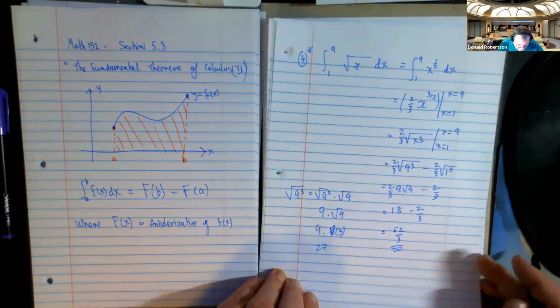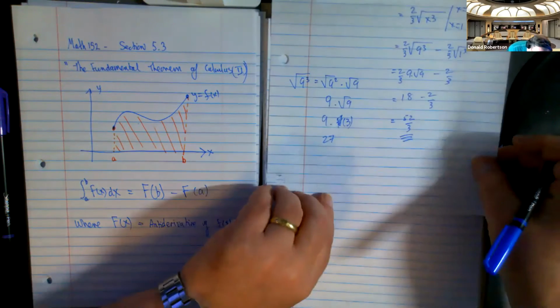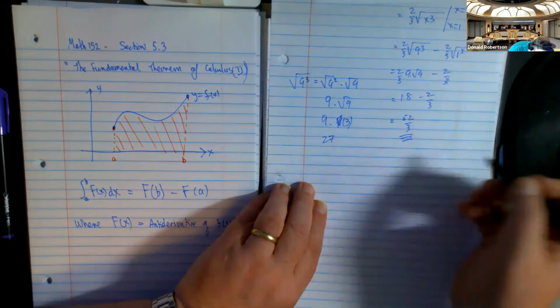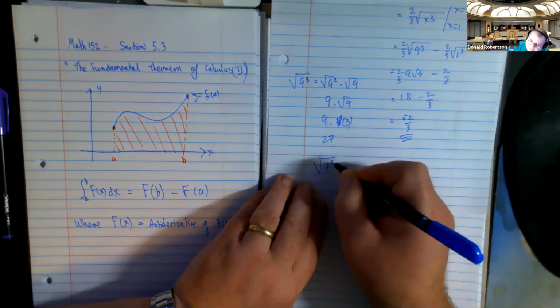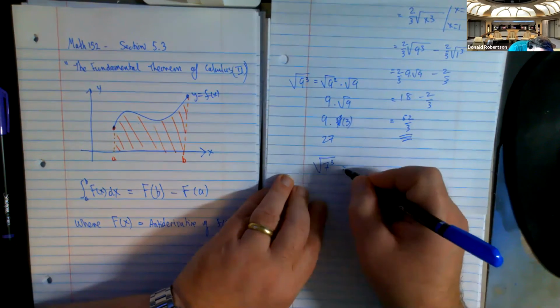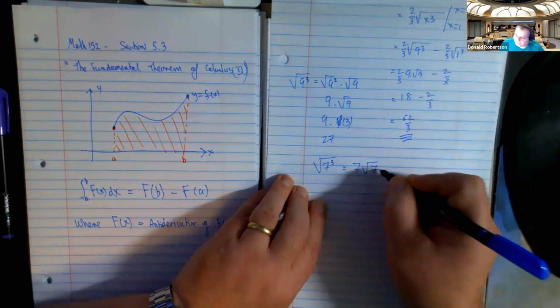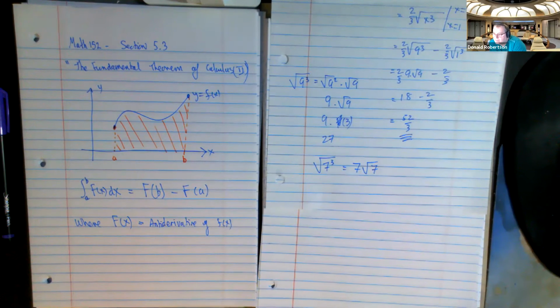Now, why is that helpful? Well, suppose the number wasn't pretty. Suppose it wasn't 9, suppose it was 7. Then I would convert that into that. You see, it can be turned into a relatively nice looking exact value.